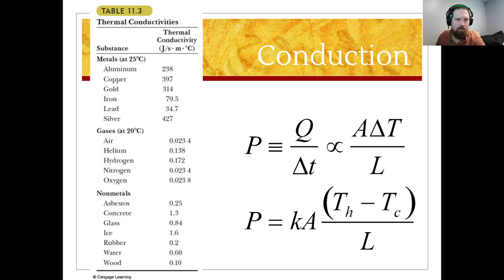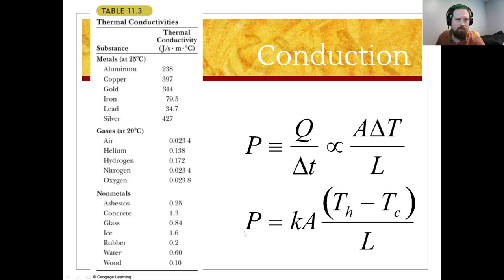And we have some formulas to help us examine what variables affect the rate of thermal conduction. I'm going to focus on the bottom formula here. So, power, thermal power, the energy flowing into or out of an object, is equal to, there are a lot of variables here, and I'm going to list them one at a time, but maybe not in the order they're written.